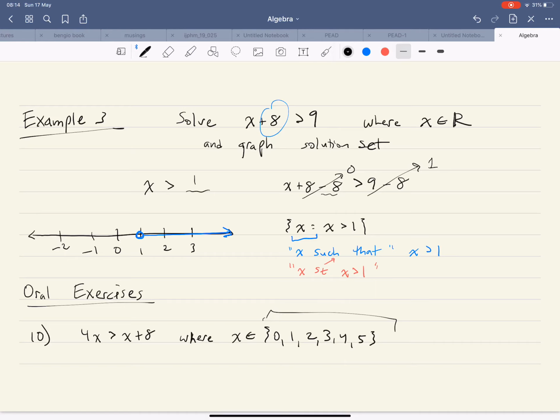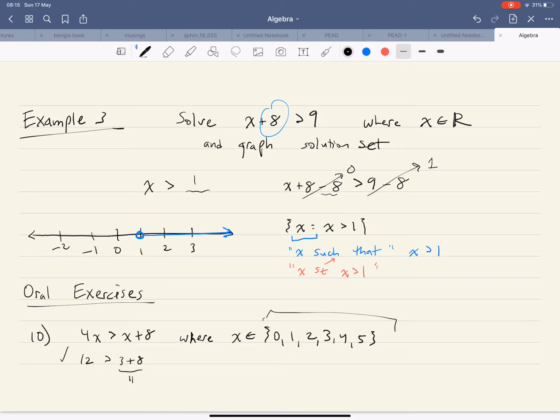Is this satisfied for 1? No, it's definitely not. For 2, absolutely not, right? 4 times 2 is 8, and I've already got 8 on the right-hand side, so that won't work. What about 3? Well, 4 times 3 is 12 over here, and then 3 plus 8, well, that's 11. So that does work.